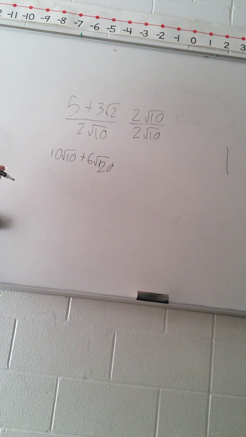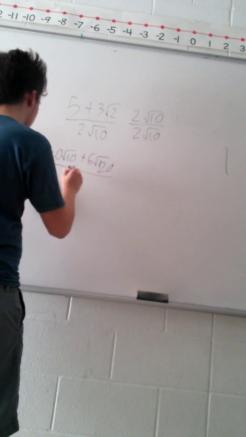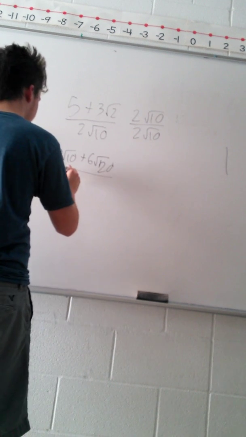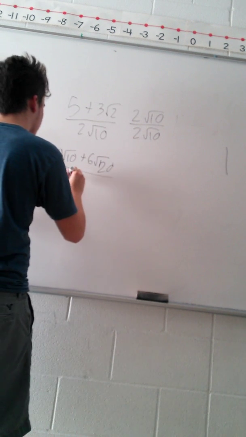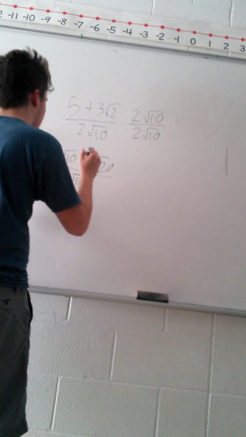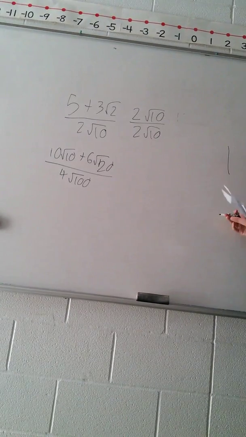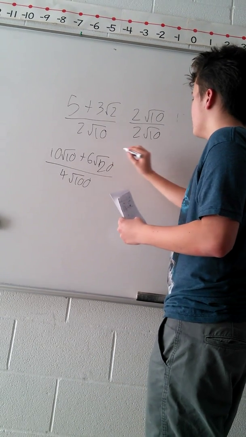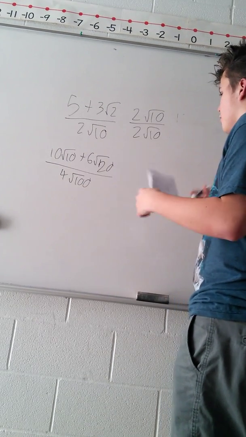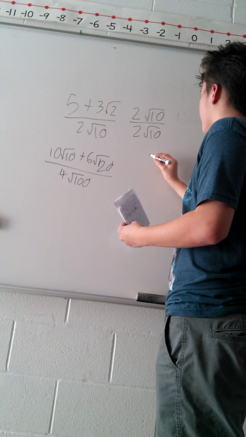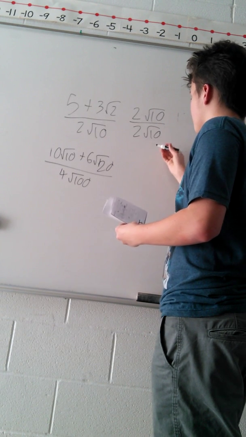That's a bit tricky. Multiplying 2 radical 10 times 2 radical 10 would get you 4 radical 100. And then the first step right here would be to simplify your radicals. So 10 does not simplify into anything. It would simplify into 2 and 5, and that would just leave you with 10.